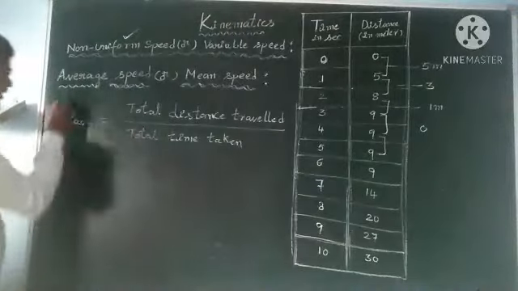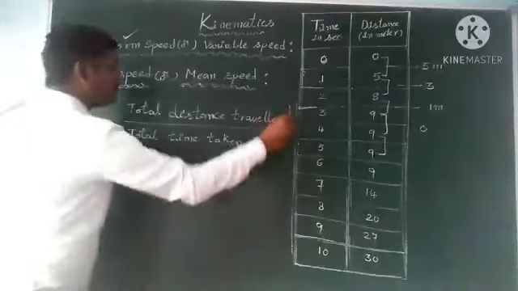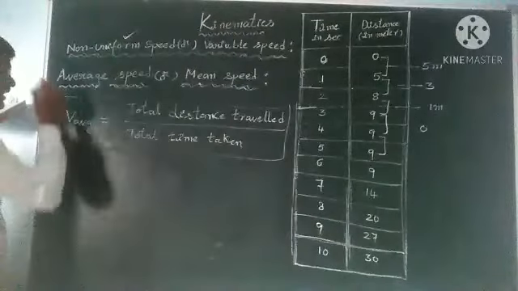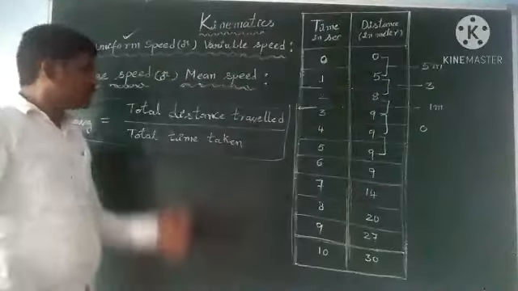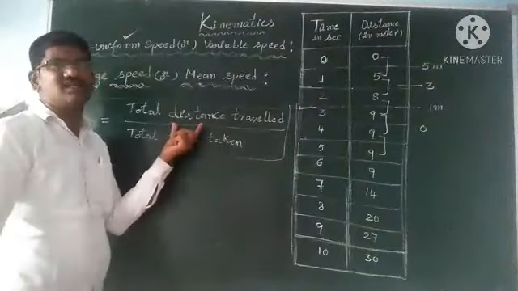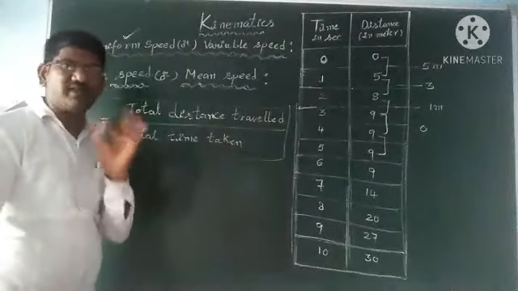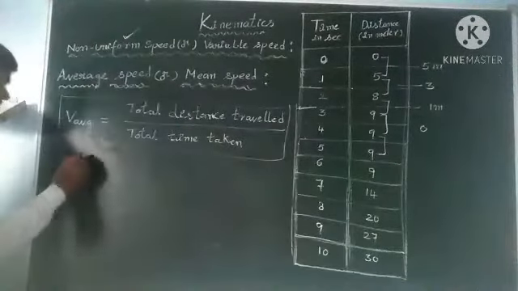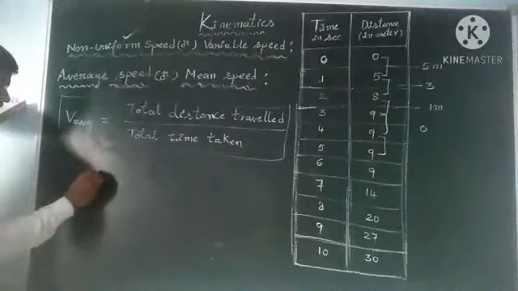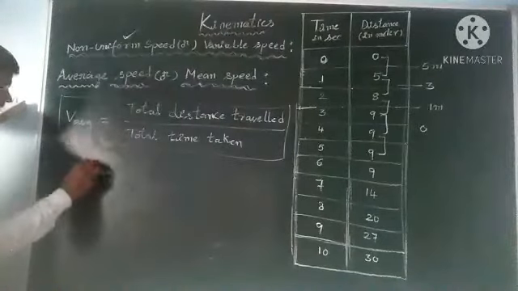So this is called the average speed formula. Whenever we are asked for the average, we should write the total distance by total time taken. Then we'll get the average speed.